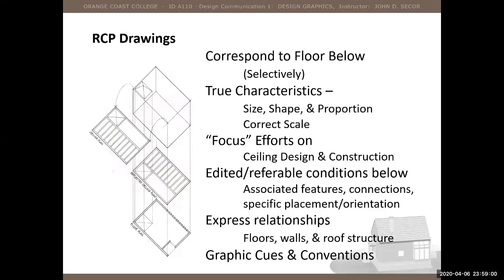But the great thing is that we're still able to use those same orthographic tools of scale and proportion, and they still work for us in the same way as before. Just keep in mind that even though we're showing the floor plan below, our goal is to keep attention placed on what is happening at the ceiling.